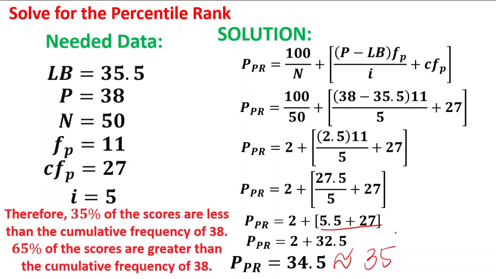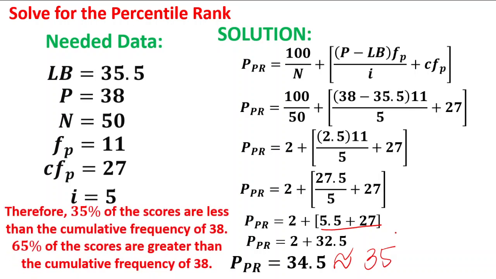Okay? Now, for the interpretation, ganito siya i-interpret. So, 35%. Therefore, 35% of the scores are less than the cumulative frequency of 38. And paano naging 65 to? Kasi since that is percentage, we're dealing with 100%. So kung ito 35% na, ito yung may cumulative frequency na 38.